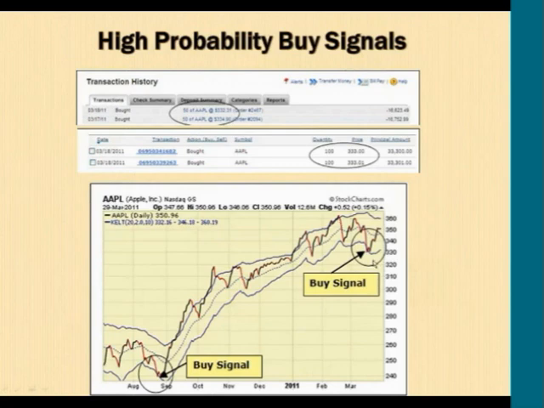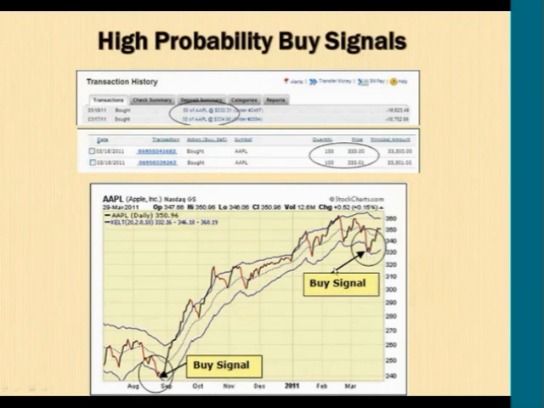And in order for it to qualify as a high probability signal, the stock actually has to close below the lower Keltner channel. Here's an example. This is for Apple, and I bought 50 and 50, and I bought 100 and 100, and this is around the 333 price level.